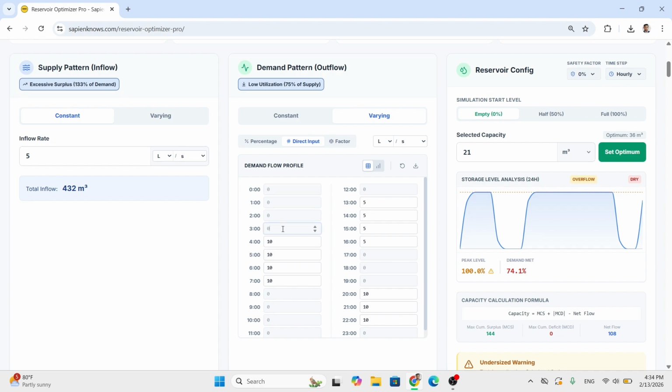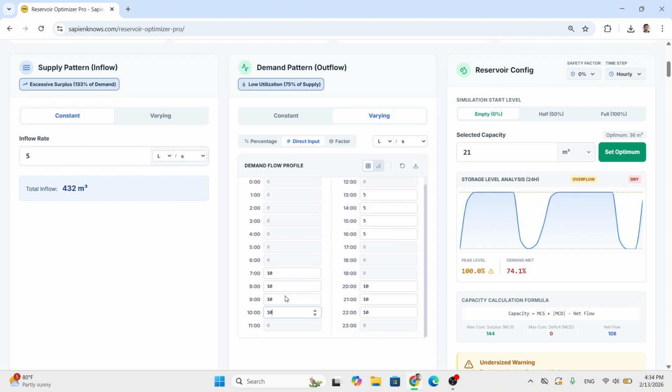No demand till 3 a.m. Let's try a better example. Up to 7 a.m. it's 10 liter per second, then at 11 there is no demand, and at 2 o'clock there is 5 liter per second, and up to 5 p.m. it's 5 liter per second, and at night 8 p.m. it is 10.